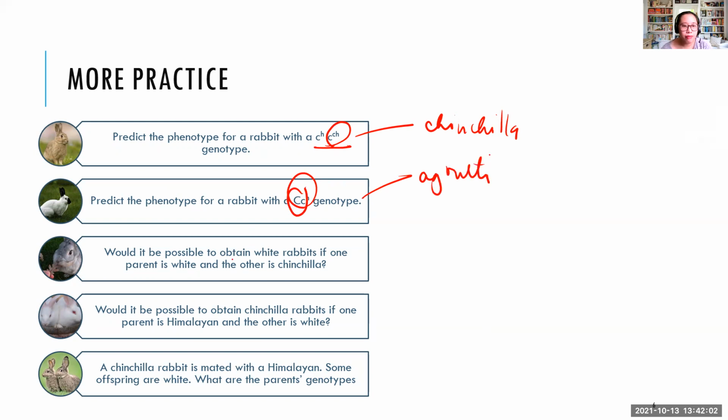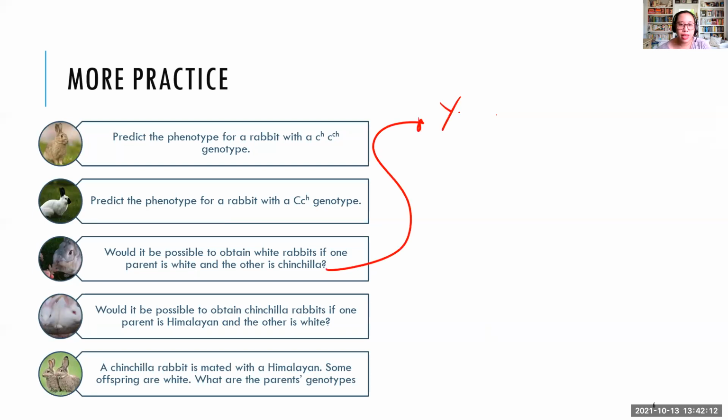And then, would it be possible to obtain white rabbits if one parent is white and the other is chinchilla? What do you think? The answer is yes. So you have a white rabbit that's definitely homozygous white, and then the chinchilla should have the genotype C^CHc.